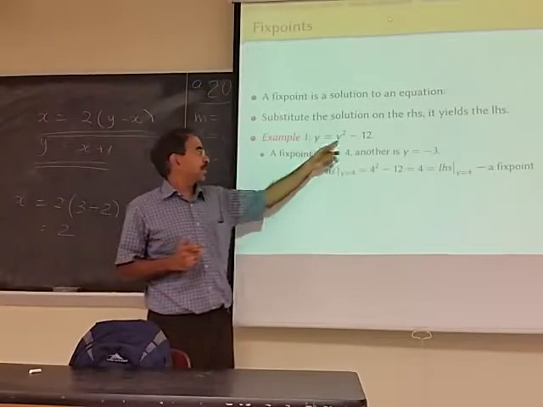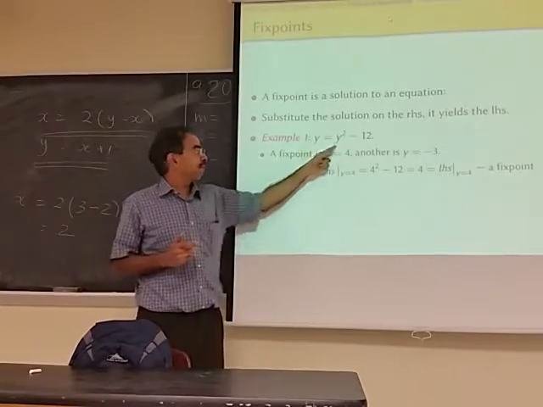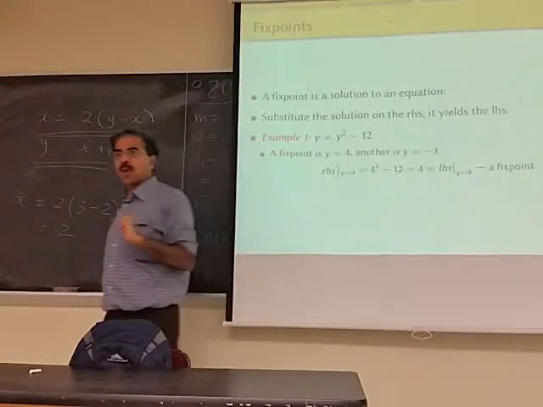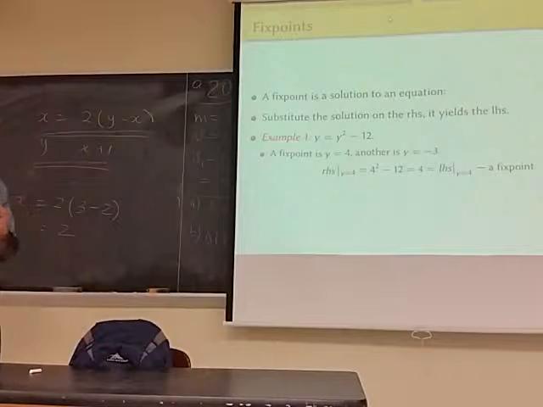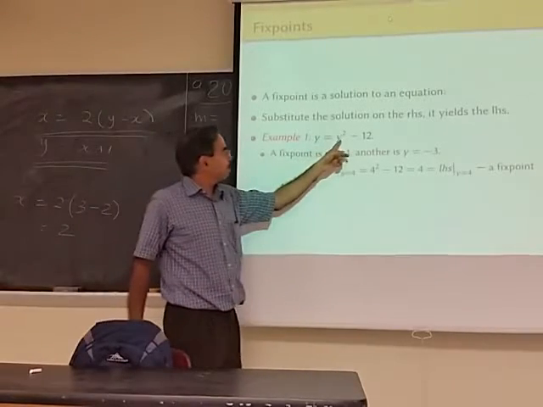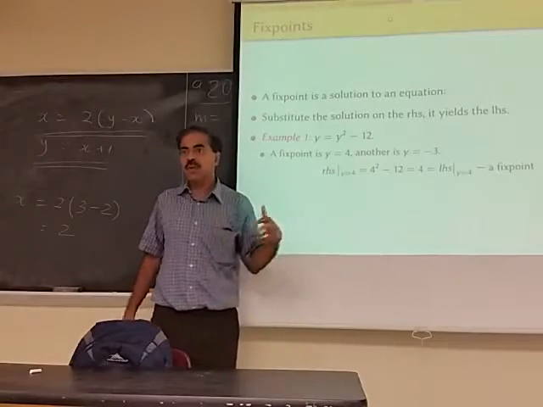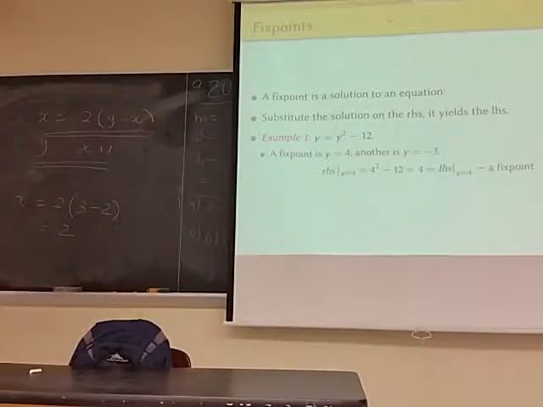But if you substitute something else, let's say 5, then y will be 25 minus 12, which is 13. So you don't get what you substituted in, so that is not a fixed point. On the other hand, if you substitute 4, then you get 16 minus 12, which is 4, the original value of y that we substituted. So that is a fixed point.